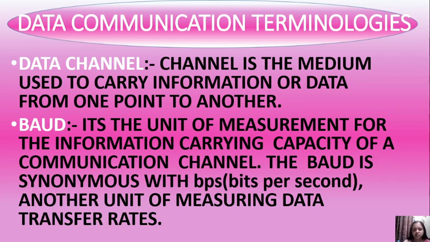You ask the shopkeeper what's the price of that rice. He will say 40 rupees per kg or 50 rupees per kg. So what is this kg? Kg means kilogram. It's a unit of measurement. It means that rice will be measured with this unit, kilogram.